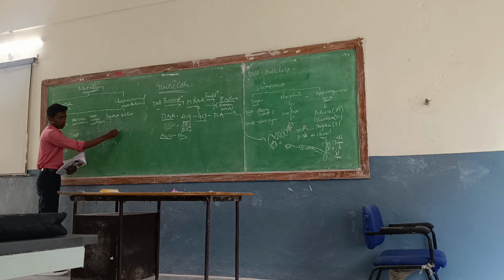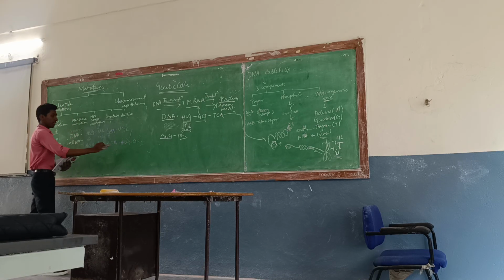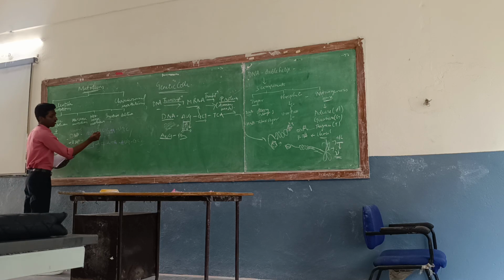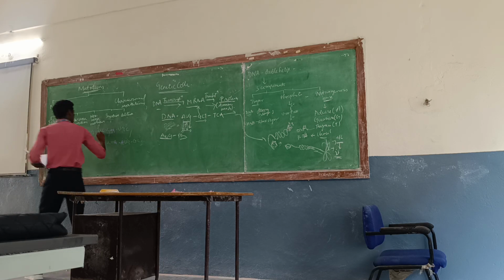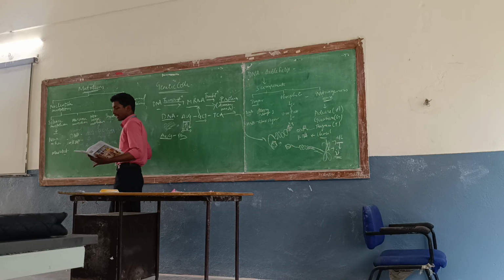And this AUG, and this GC, which is an incomplete form. So this AUG codes for methionine and CCC codes for proline, GAA codes for glutamic acid, and UGC codes for cysteine.